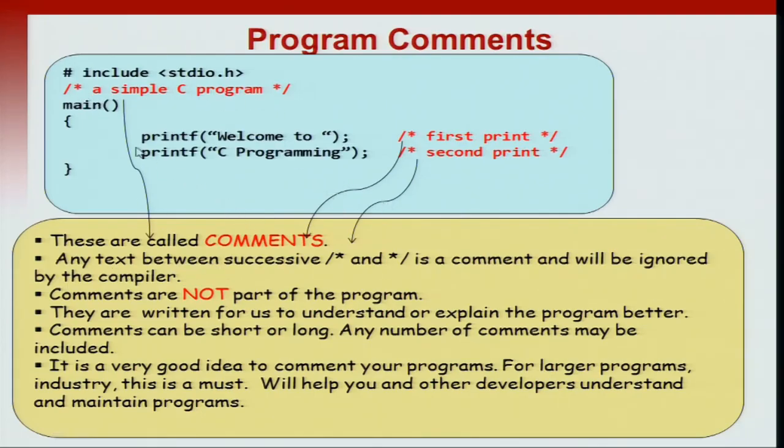Any text between /* and then later followed by a */ is a comment, and it will be ignored by the compiler. So, as far as the compiler is concerned, a code with comments is the same as a code without comments. It does not affect the logic of the code. So, comments are not part of the program.